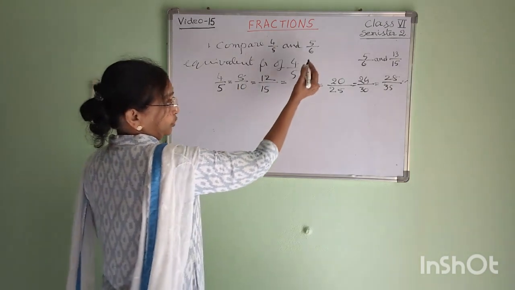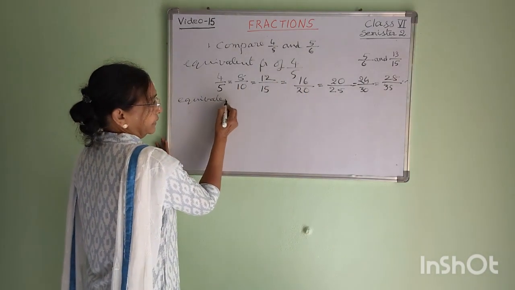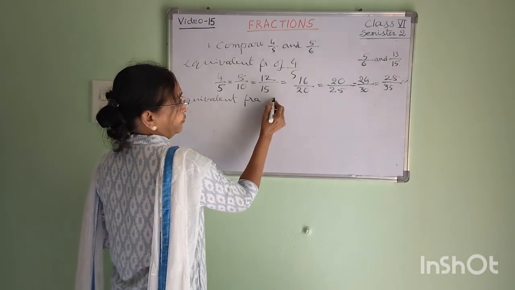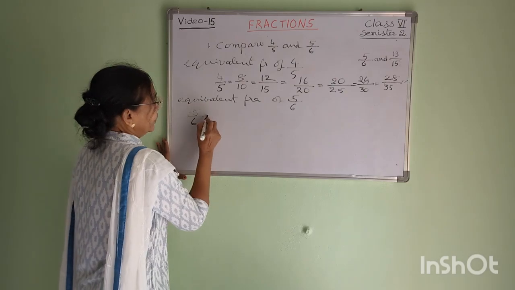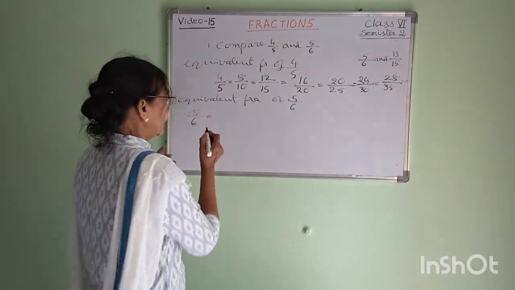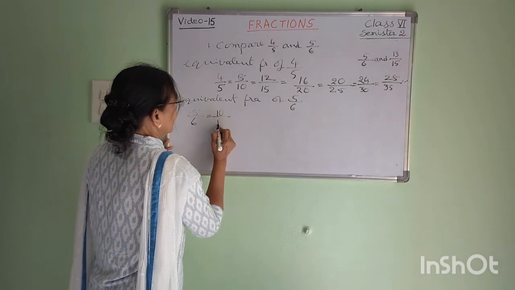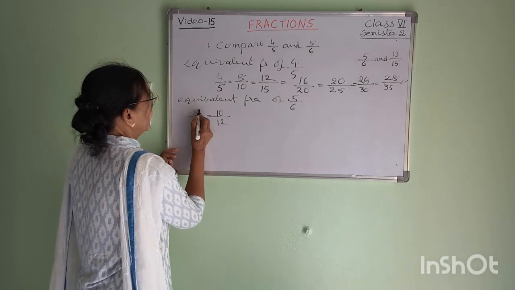Similarly, we have to write the equivalent fractions of 5 by 6. So 5 by 6 is equal to, multiplying both the numerator and denominator by 2, we get 10 by 12. 5 2s are 10, 6 2s are 12.